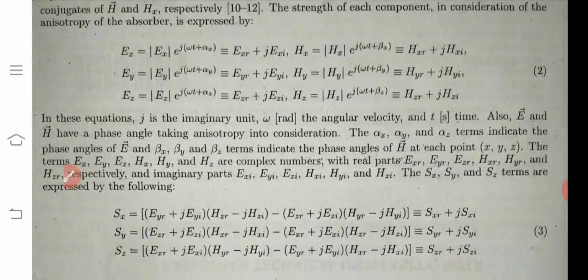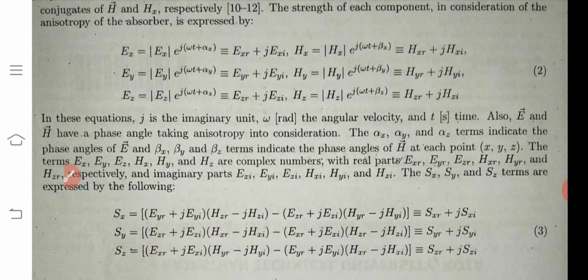The terms Ex, Ey, Ez, Hx, Hy, Hz are complex numbers with real parts Exr, Eyr, Ezr, Hxr, Hyr and Hzr respectively, and imaginary parts Exi, Eyi, Ezi, Hxi, Hyi and Hzi.